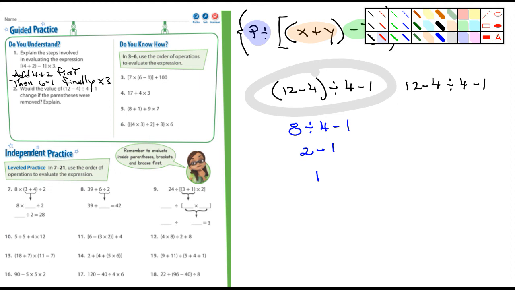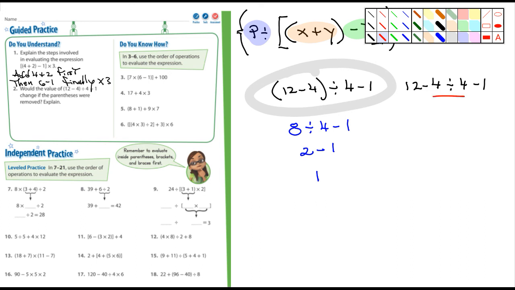Now let's look and see if that's going to be any different if we do the same problem without the parentheses. So remember, order of operations. What do you do first? In this case, we have subtraction, division, subtraction. So what's the first thing we do? Well, we would do multiplication and division before we would do any subtraction. So that's what we're going to do first.